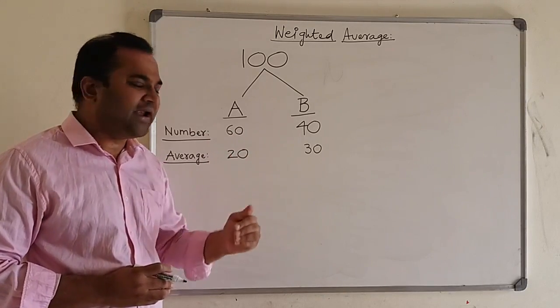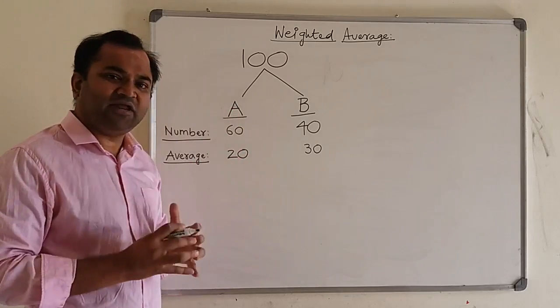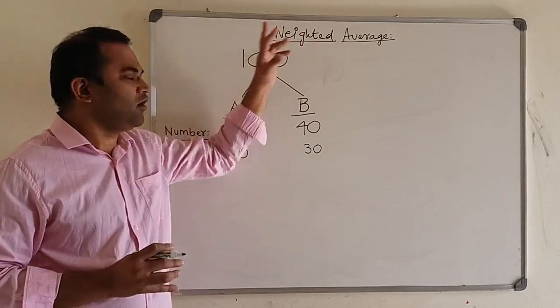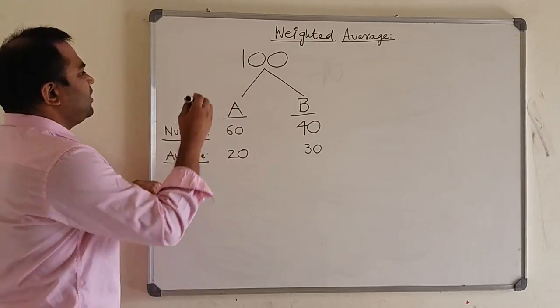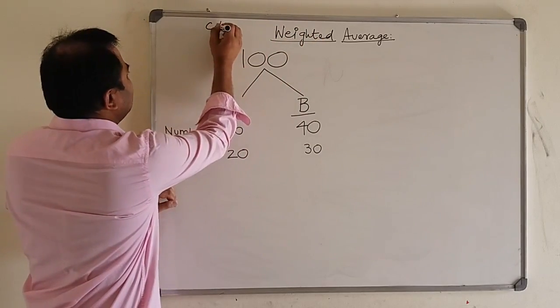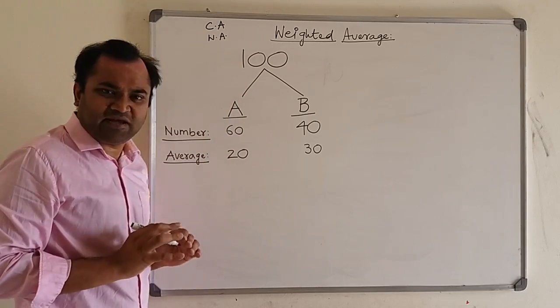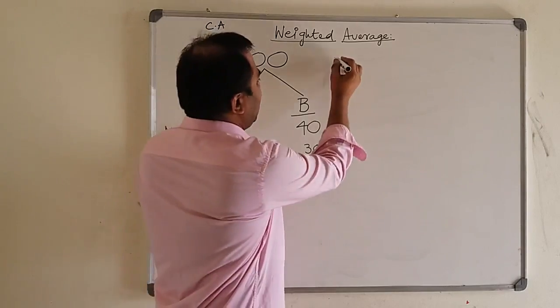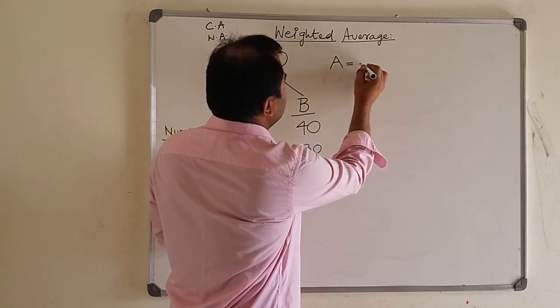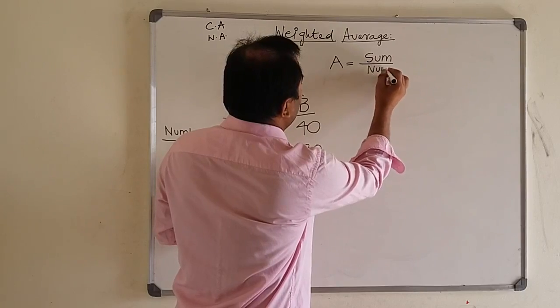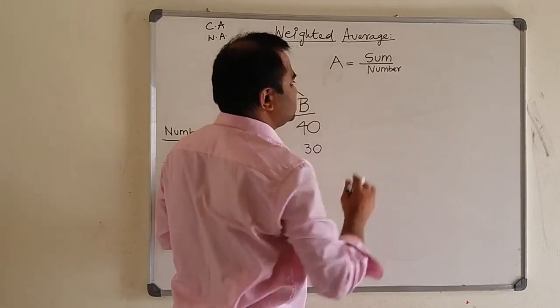First, we will find the combined average marks of the two groups A and B, which is also called weighted average. Whether it is combined average or weighted average, it is basically average. And average by definition, as you know, is sum of numbers over number of numbers.